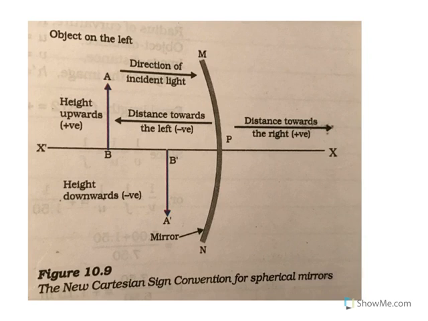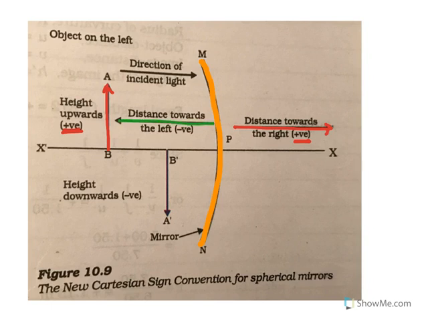We'll now summarize the sign convention. So here is the mirror, and we have seen everything that is towards the right is positive. Things measured upwards are also positive.